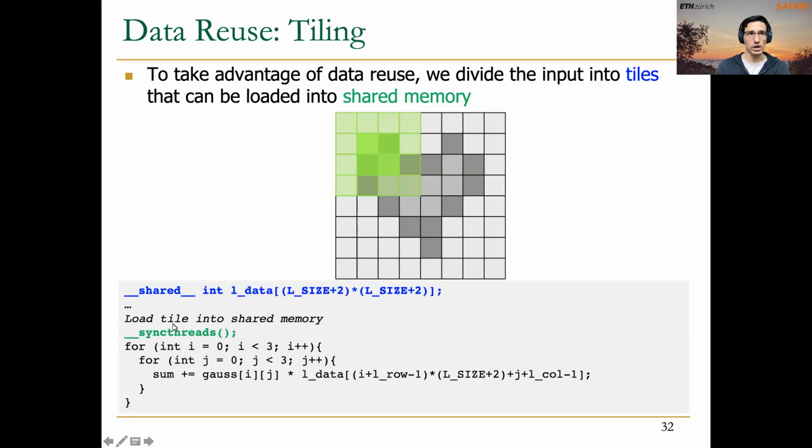After loading the data into the shared memory, and observe that we are skipping the specific code here, we have to synchronize to make sure that all threads that have been loading data into shared memory are done with this operation. And after synchronizing, they can perform the convolution by using the Gaussian filter and using the data that is now residing in the shared memory.